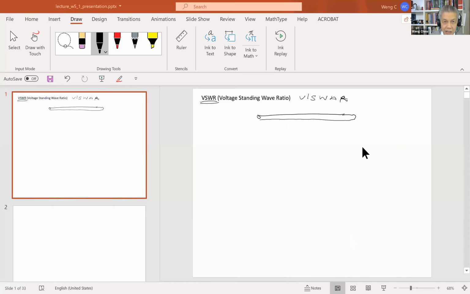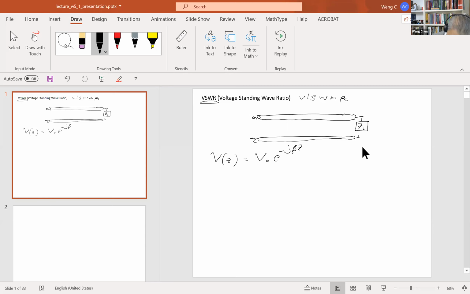As I said before, I'm going to talk about VSWR, which is the acronym for voltage standing wave ratio. So if you have a transmission line, and you terminate it with the load ZL, and then look at the voltage on this transmission line, it's going to look something like V of z is V naught e to the minus j beta z, representing a wave traveling to the right.